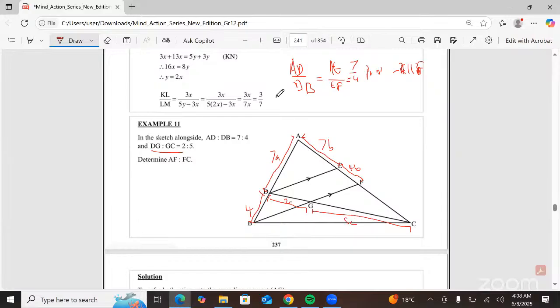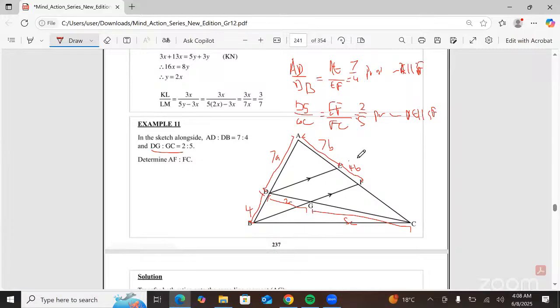Do you agree if I say DG over GC is equal to EF over FC? They are both equal to 2 over 5, by the proportionality theorem, because DE is parallel to GF. You agree? Yes, sir.